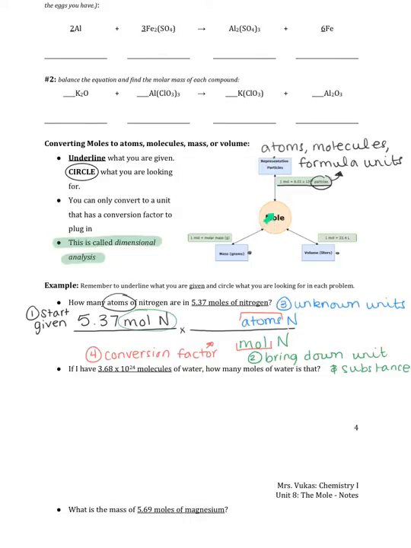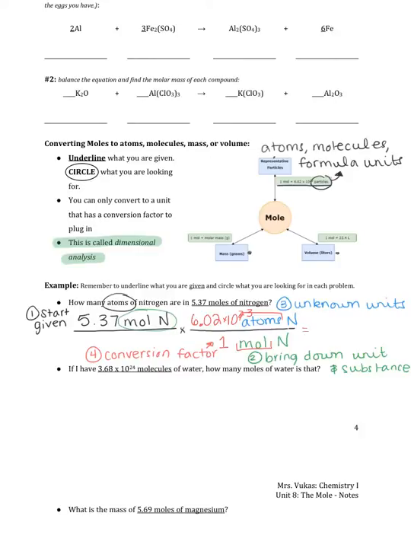When we're converting between moles and atoms, the conversion factor we're going to use is in this green box right here. It says that 1 mole is equal to 6.02 times 10 to the 23rd particles. So we're going to use that 1 mole is 6.02 times 10 to the 23rd atoms.